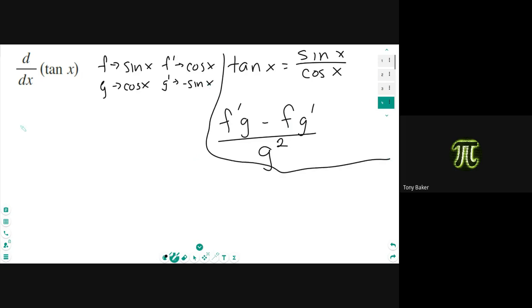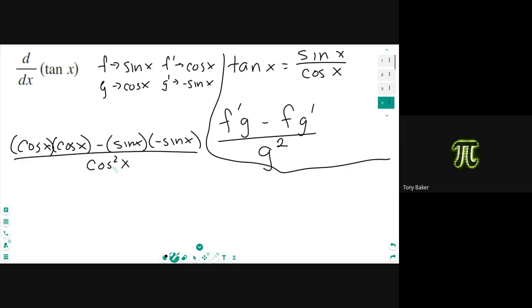So we have cosine of x times cosine of x minus sine of x times negative sine of x, over cosine squared of x. So I have cosine squared of x plus sine squared of x over cosine squared of x.